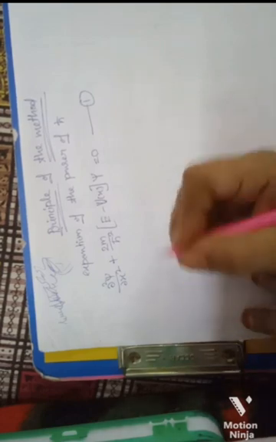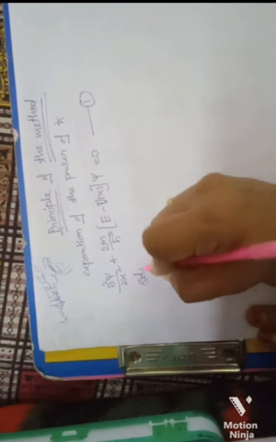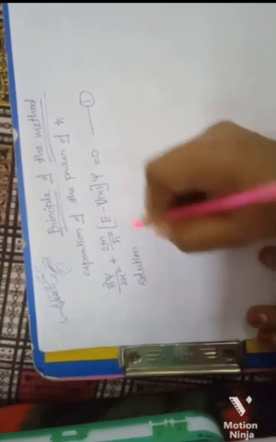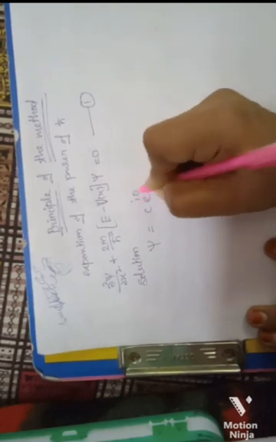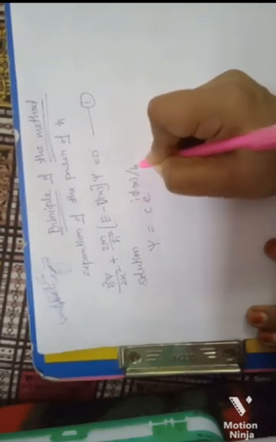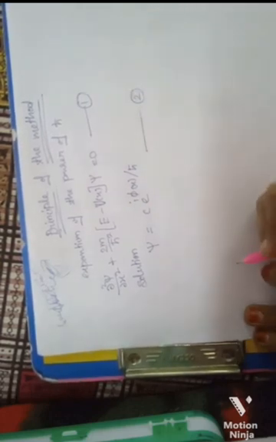Okay students, now this is equation 1, no? So solution of this equation is ψ is equal to c into e power iφ(x) divided by h cross. This is the solution of this equation. It is equation 2.